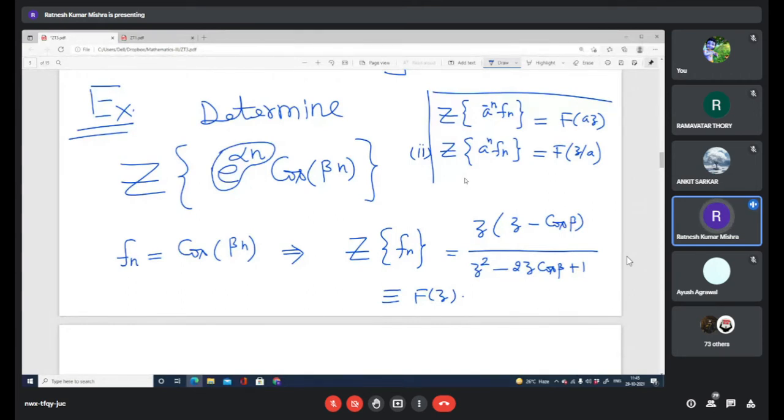So when you compare, what is a? a is e to the power alpha. Then a power n is e to the power alpha n. So in this formula, just we replace a equal to e to the power alpha.